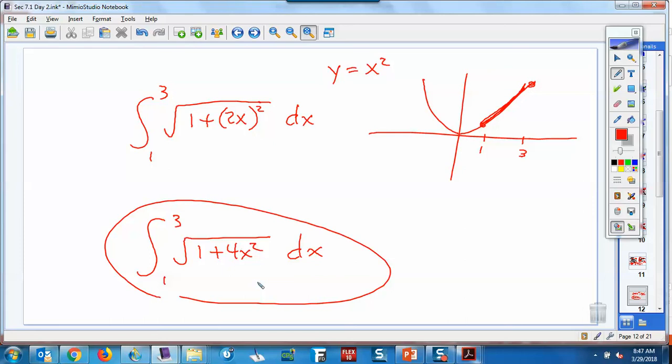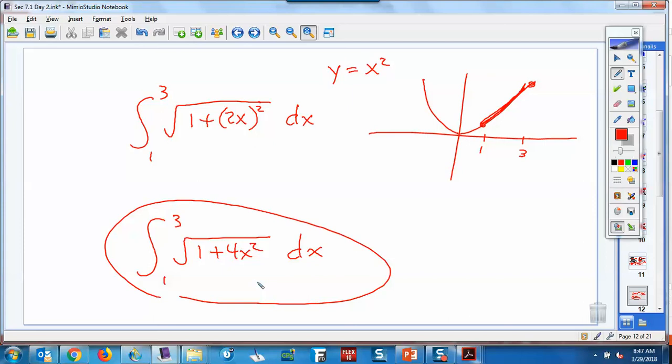We also just saw that this integral represents the length of that curve from 1 to 3. Now if they ask you on the homework, to go backwards, what curve was this the length of? You'd have to unpack this, wouldn't you? You'd have to say, oh, okay, well, what would that be squared?